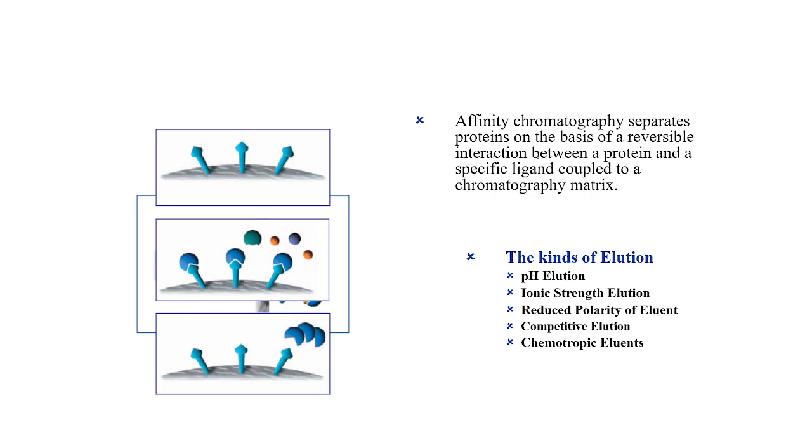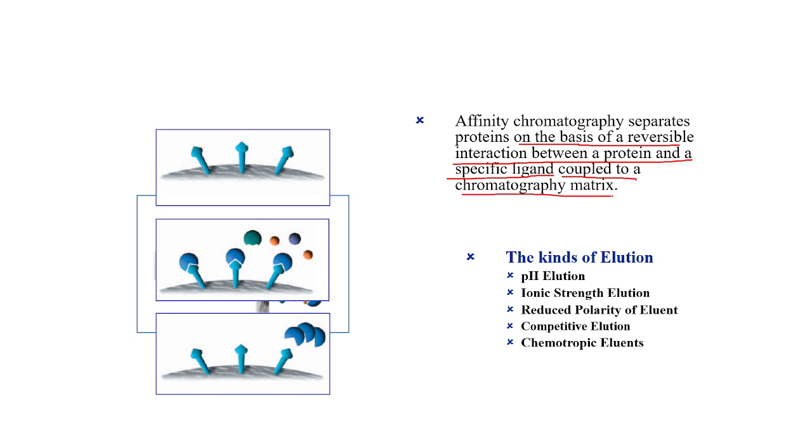Now, your affinity chromatography separates proteins on the basis of a reversible interaction. So this is another thing which you need to keep in mind in terms of the principle: in affinity chromatography, separation occurs on the basis of a reversible interaction between a protein and a specific ligand. What is the specific ligand? It is coupled to a chromatography matrix.